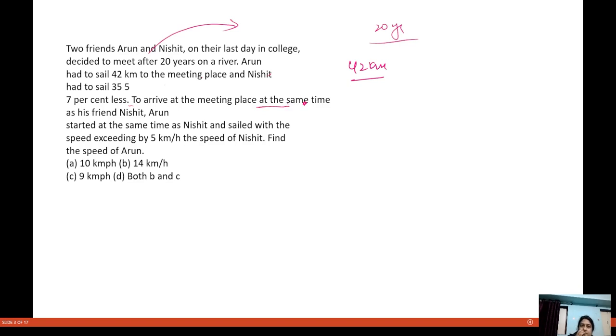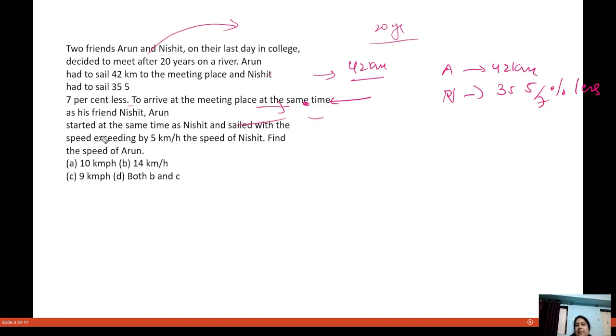So both of them have to sail some distance to come to the meeting place, and Nishit had to sail 35, 5 by 7% less. So Arun has to sail 42 kilometer and Nishit had to sail 35, 5 by 7 percent less, to arrive at the meeting place. This is given.